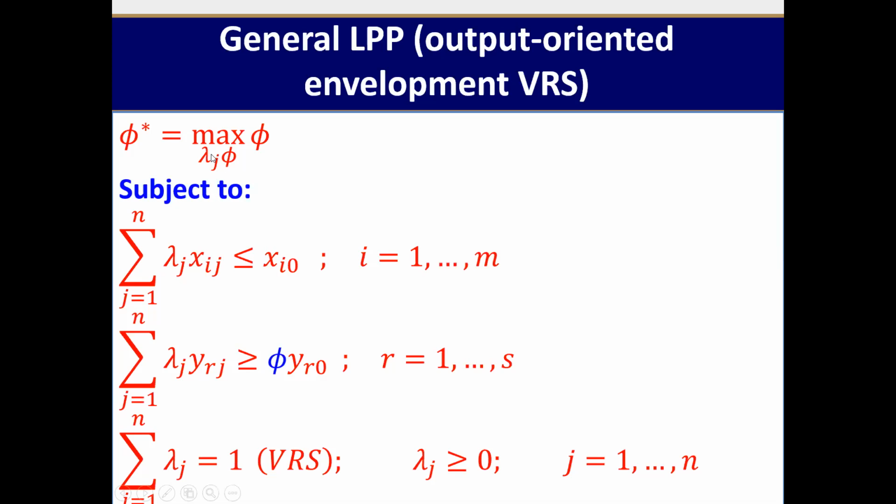Now, most of the time, if you can remember, in a linear programming, the decision variables are in the objective function and also they are in the constraint. So you can see that the lambda here is in the constraint, but also we're looking for it in the objective.